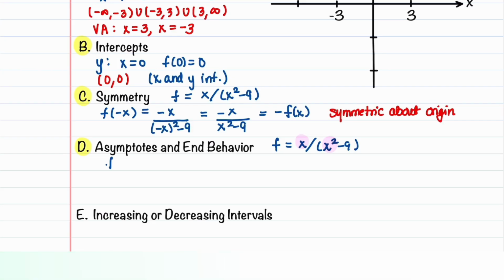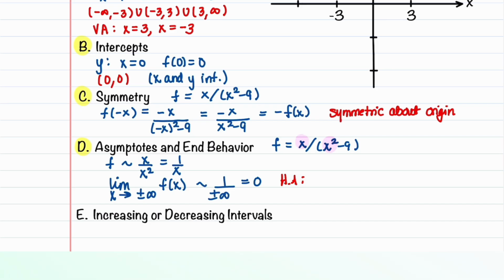So we can say that f is approximately x over x squared, which is 1 over x. And this tells us that the limit as x goes to plus or minus infinity of f of x is approximately 1 over plus or minus infinity, which is 0. So this tells us that our horizontal asymptote is y is equal to 0.